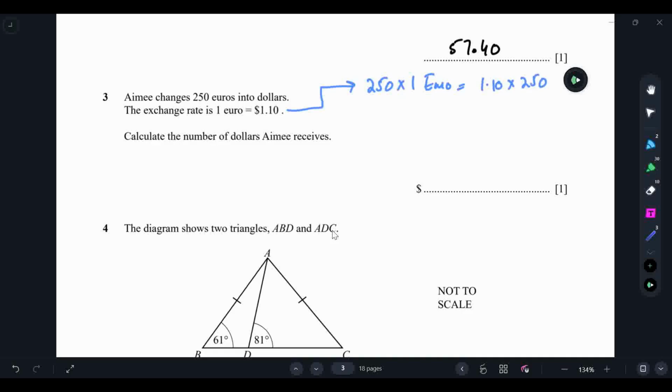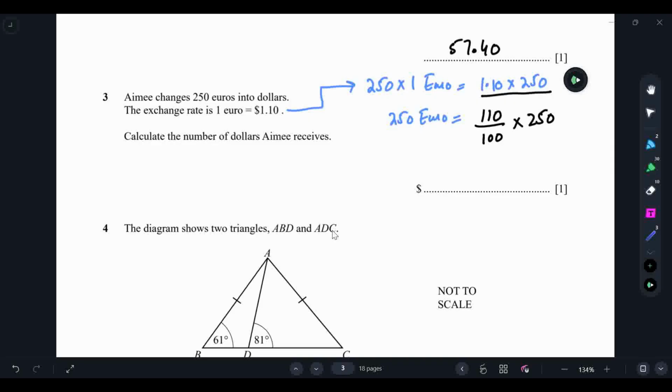This will be 250 euros is equal to, now from here onwards, what we need to understand is first how we can multiply these two numbers without using the calculator. We just need to convert this decimal number into a fraction, multiplied by 250. We know how to convert a decimal number into a fraction.